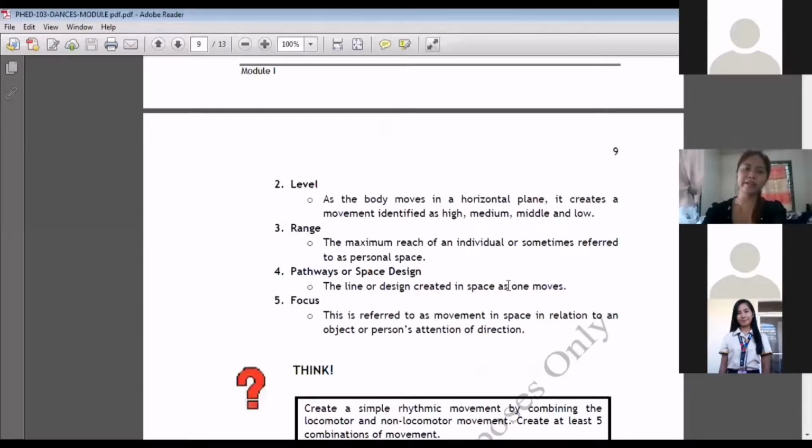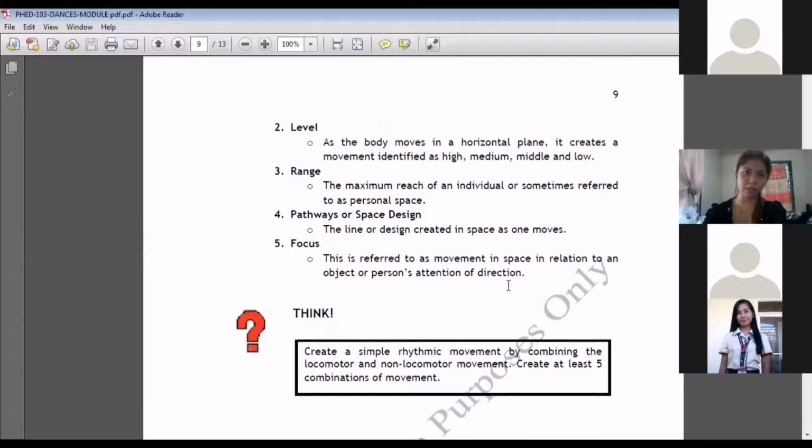Another is your level, your high, medium, middle, or low level. So for example, the whole dance pattern would tell you some steps to just execute a step in a high level or in a medium level or in a low level.